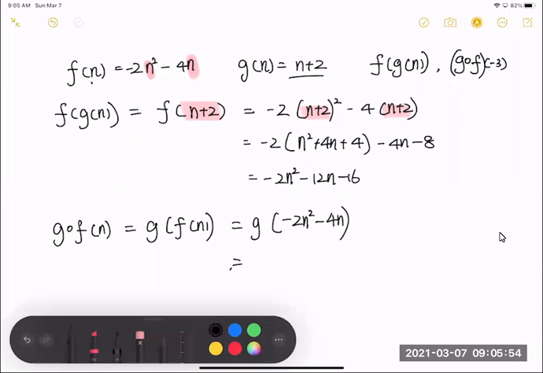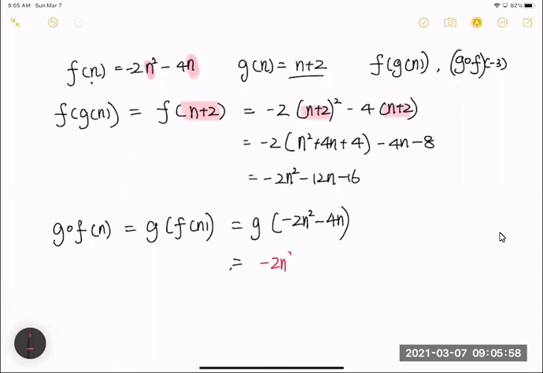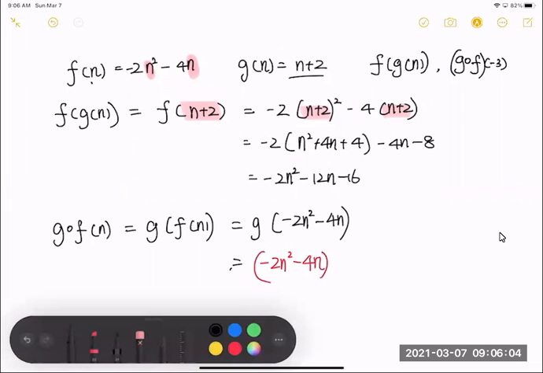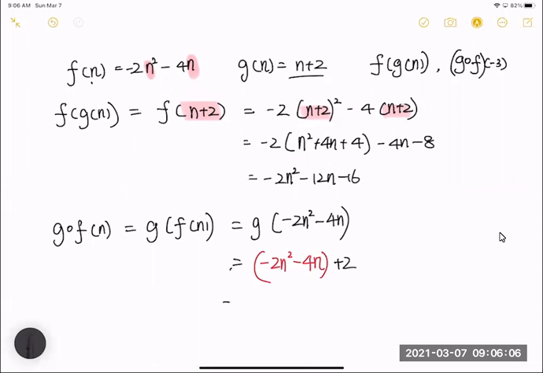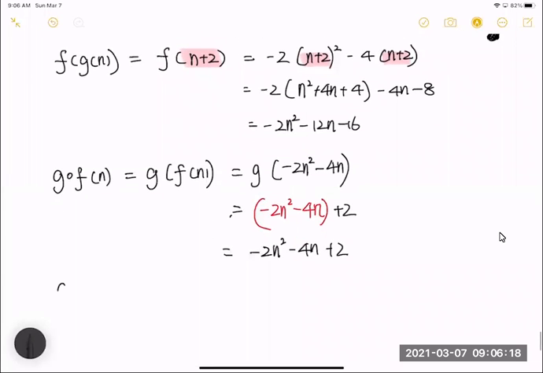Now I want to substitute negative 2n squared minus 4n into our g of n function, and then I add 2. Now I simplify, I have negative 2n squared minus 4n plus 2. But this is not enough because we want to find out, hey, at negative 3. So now let's do the negative 3.